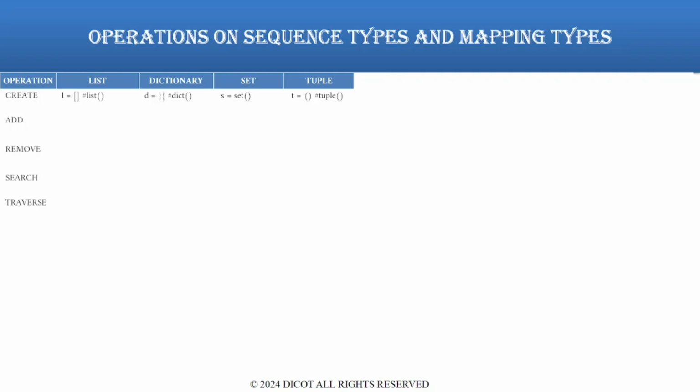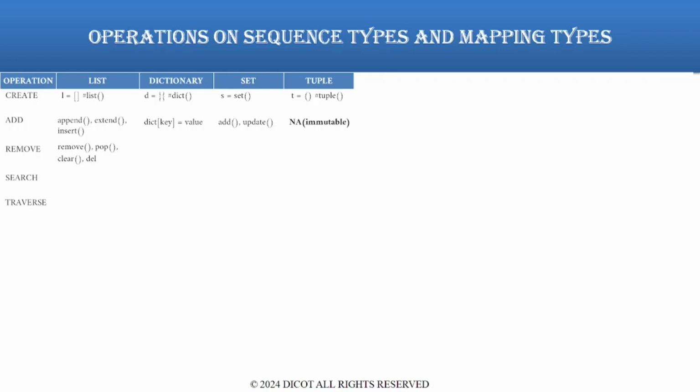To add an element, use append, extend, insert functions for list, dict of key assigned value for dictionary, add, update functions for set. Tuples are immutable, so we cannot add elements into a tuple. To remove an element in a list, use remove, pop, clear functions, or the del operator.